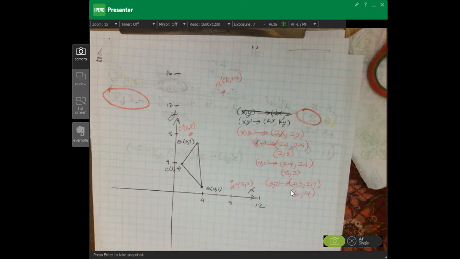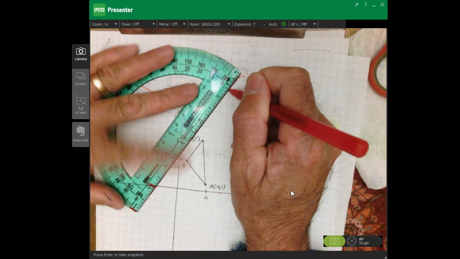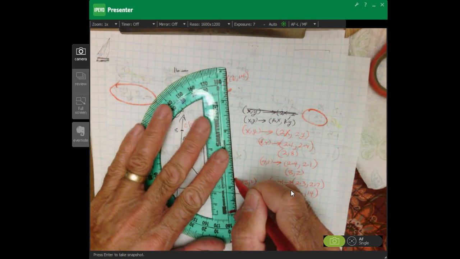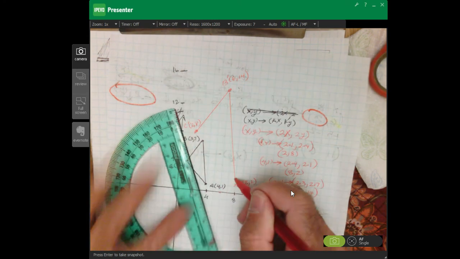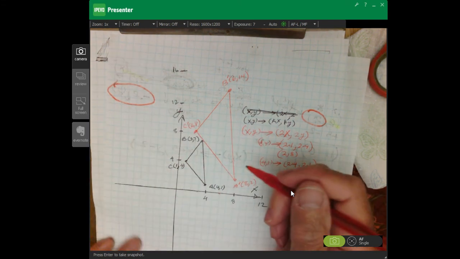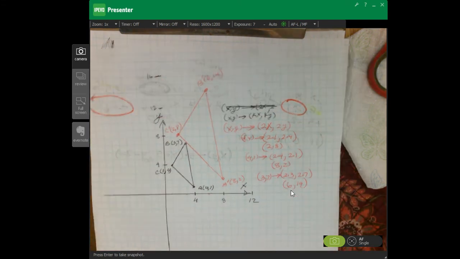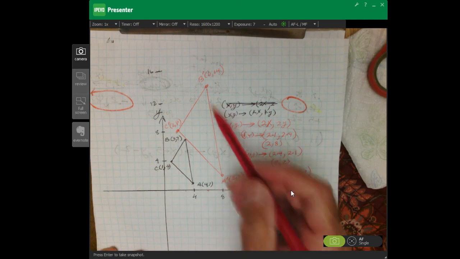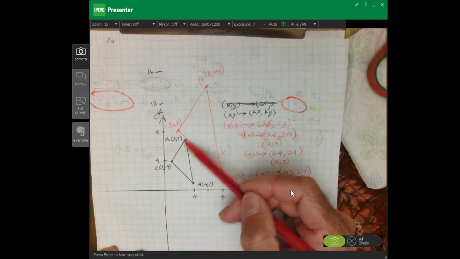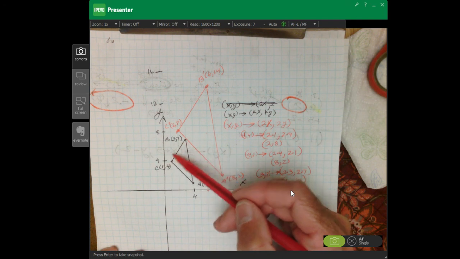So when we draw that one out, connect the dots. Now, it should be the same shape, not the same size. So notice this is going up at the same angle, the same slope as this.